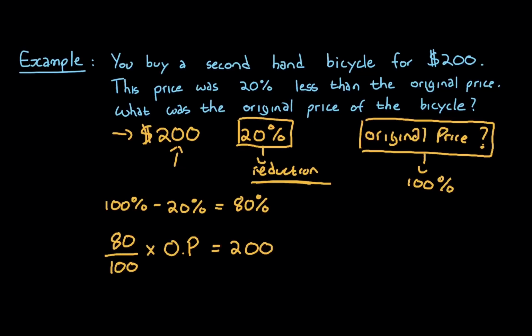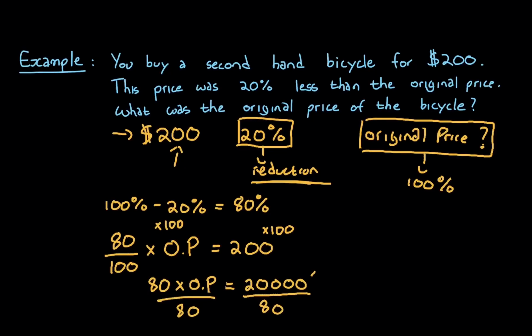Let's solve all of this. Let's multiply everything by 100 on both sides. You're left with 80 times the original price is equal to 20 times 100, which is 20,000. To get the original price, you divide both sides by 80.